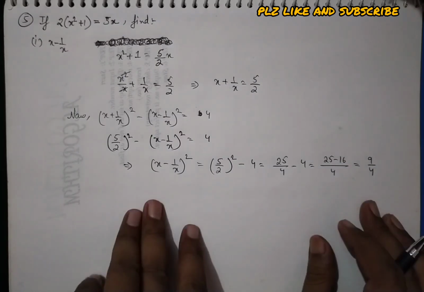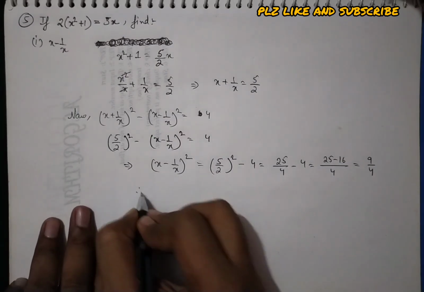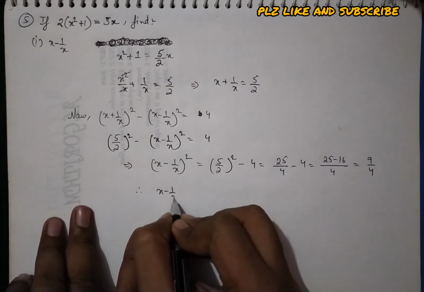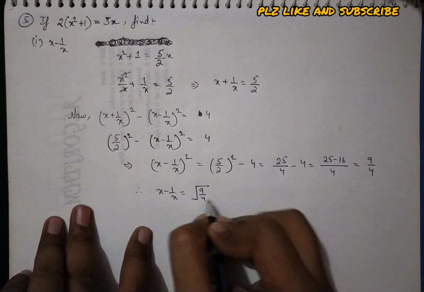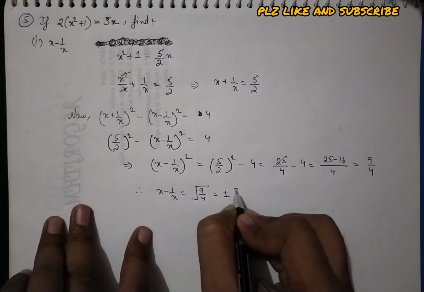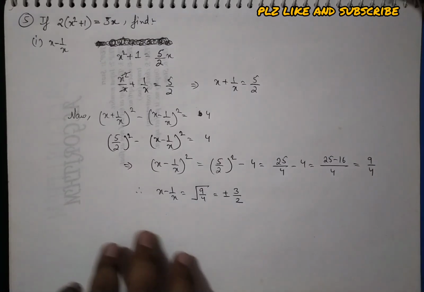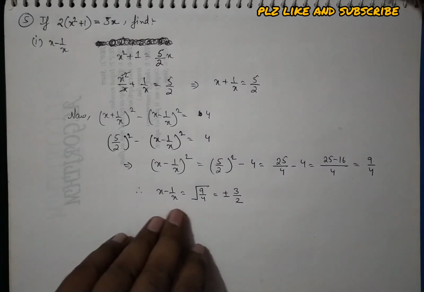Now taking square root on both of the sides, we will get x minus 1 upon x equals the root of 9 by 4, that is equals plus minus 3 by 2. Here we have got the value of x minus 1 upon x.